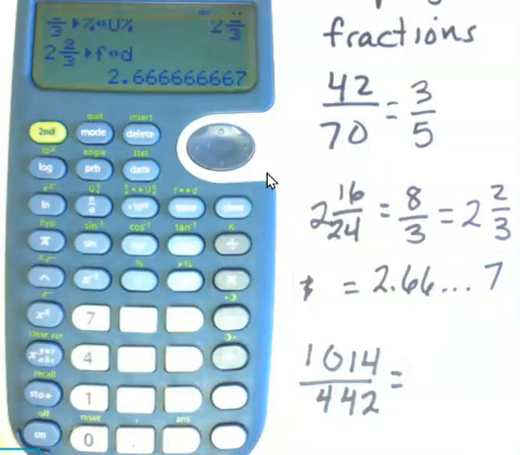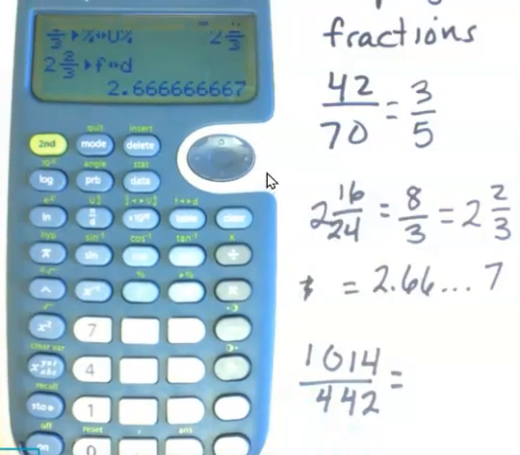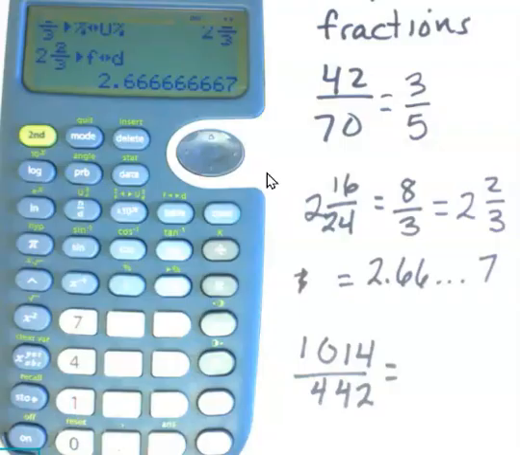All right, I'm going to use this next fraction as an example for just how good this calculator is at turning decimals into fractions. So if I wanted to start off with the decimal version of this, I could put that into my calculator with a division sign.